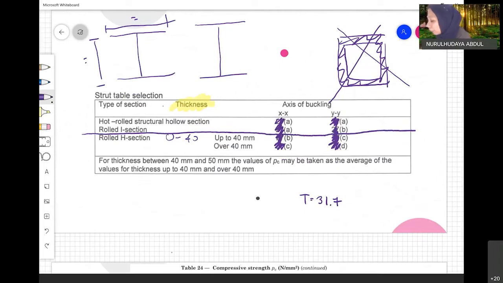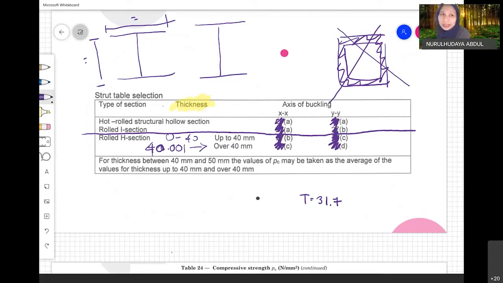Tapi kalau you dapat 40.001 and above, dia akan jadi over 40 mm. Maksudnya lebih daripada 40 je, terus another table that you have to use. Jadi sekarang kita up to 40 mm. Jadi kita pun pakailah for XX curve B and for YY curve C.